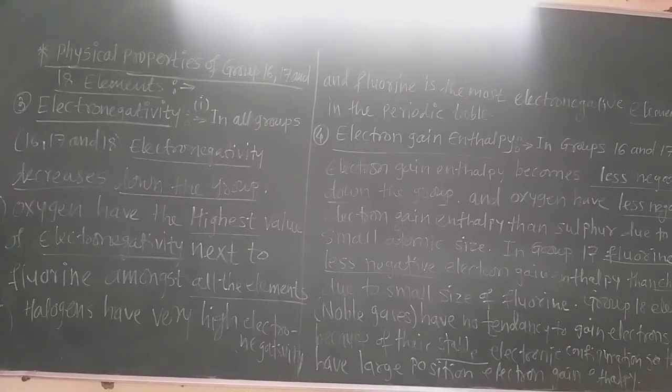That means oxygen can accommodate the electron easily due to the small size, but sulfur has the large size, so the electron gain enthalpy of sulfur is more negative than oxygen, remember that. In group 17, chlorine has the more negative electron gain enthalpy than fluorine, because fluorine has a smaller size than chlorine. And group 18 elements, noble gases, have no tendency to gain electrons because of their stable electronic configuration.